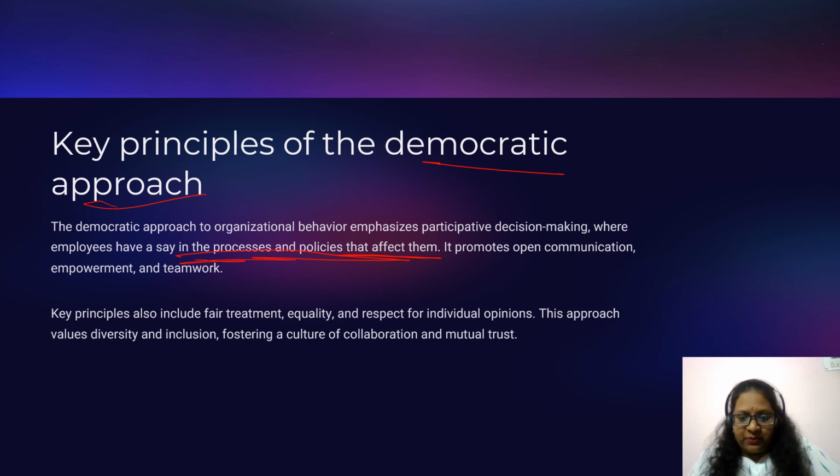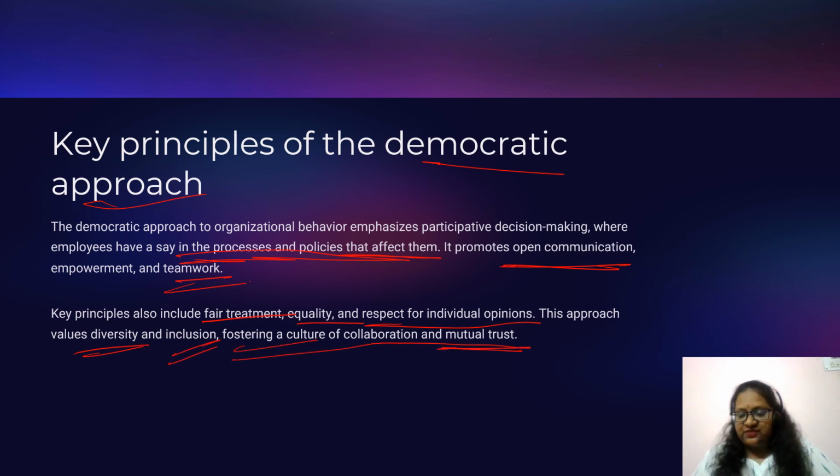It promotes open communication, empowerment, and teamwork. Key principles also include fair treatment, equality, and respect for individual opinions. This approach values diversity and inclusion, fostering a culture of collaboration and mutual trust. If everybody is treated equally, mutual trust is built among them. So let's look at the next approach.